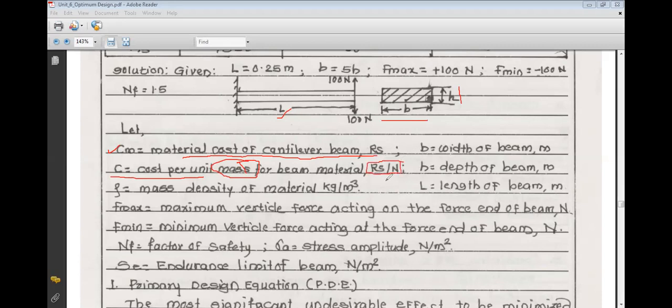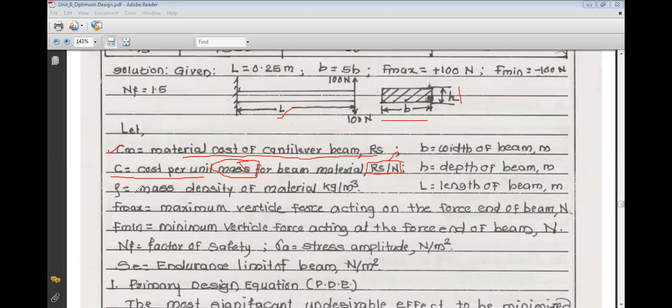In the previous problem, the cost per unit mass of the beam was given in rupees per kg, but here it is given per unit weight. So the g factor is important, that is gravitational acceleration, because weight is nothing but mass into gravitational acceleration, that is mg. So that g factor is included in this problem.